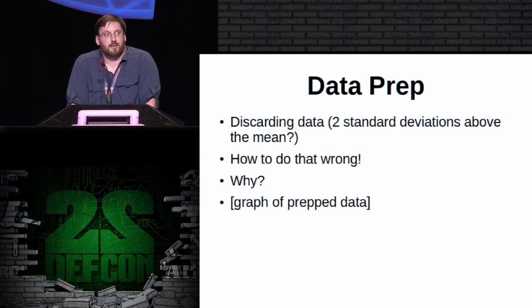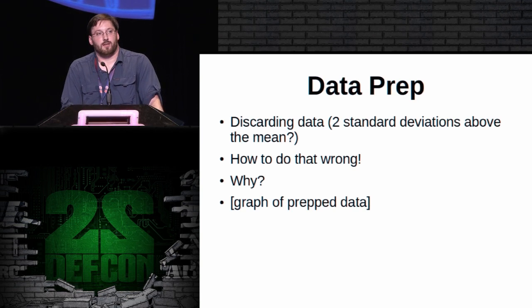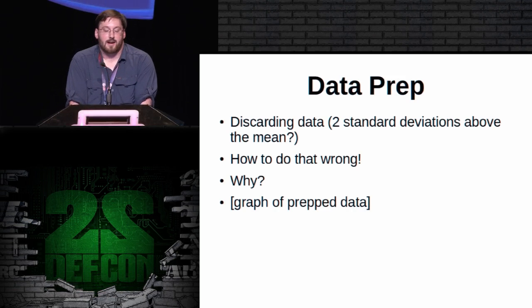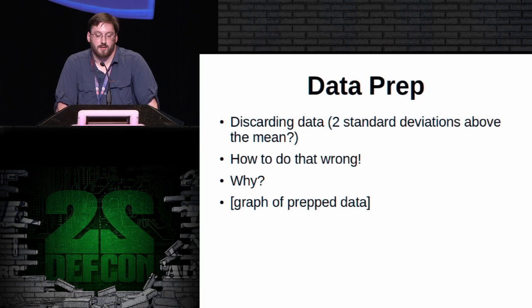So there are a lot of ways to screw up prepping your data. You have time series data, but the KS test doesn't care about the time series. It's just sorting your data and dealing with it.